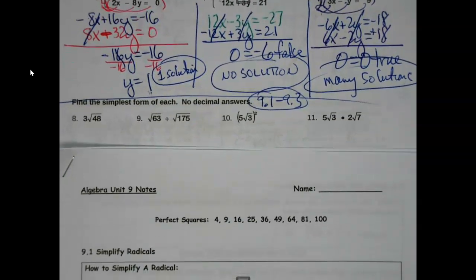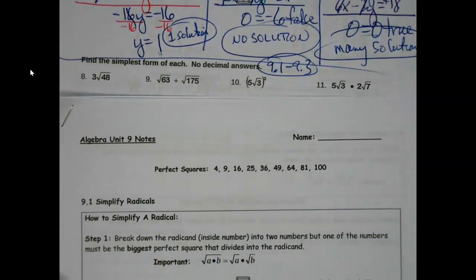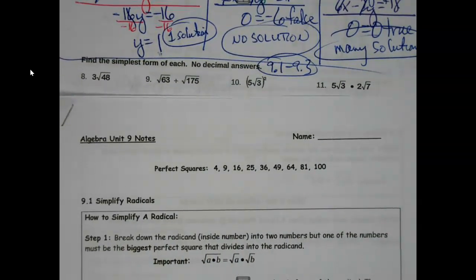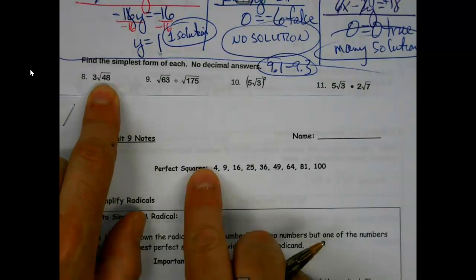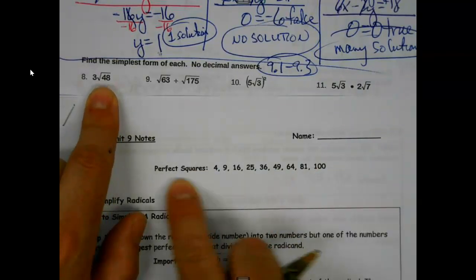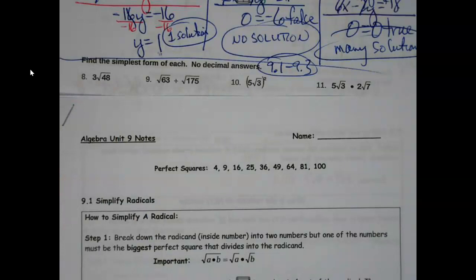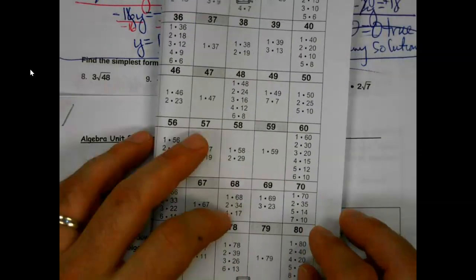So let me get a little help from my Unit 9 notes here. Kind of remind me of stuff. Oh, yeah. This is where my multiplication chart might come in handy too. Maybe. We'll see. I need this number to be broken down with a perfect square. Now, hey, I've got my multiplication chart here.